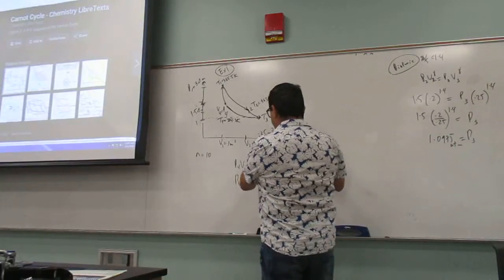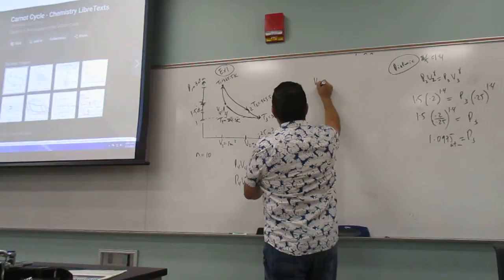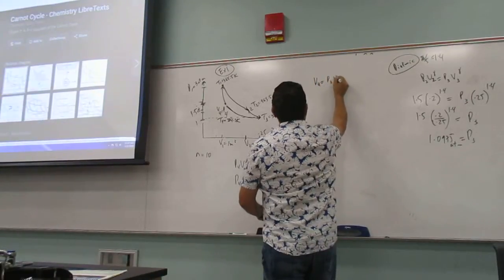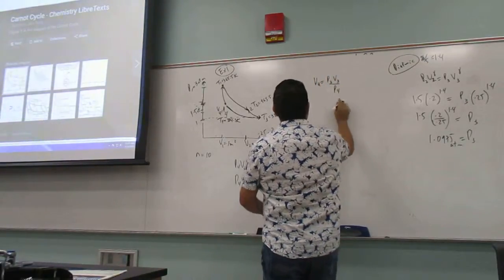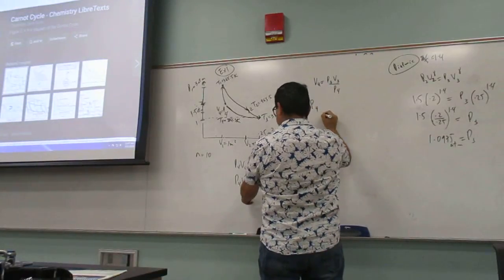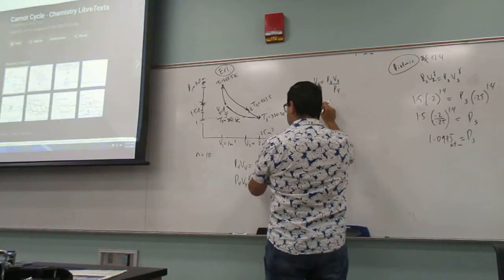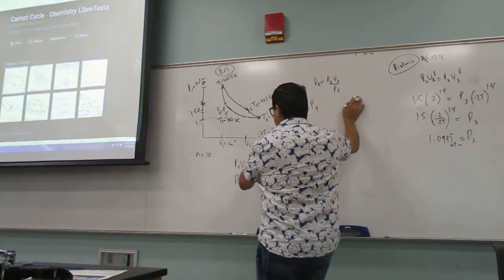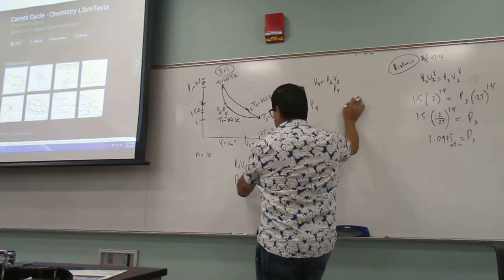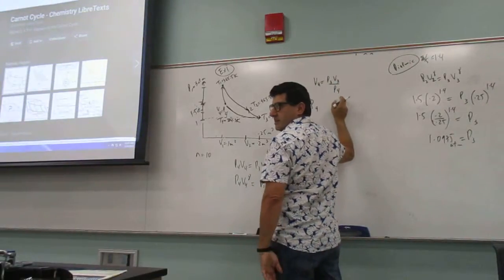Well, I can just solve for one of them, like I can say V4 is P3 V3 over P4. Then substitute that into here. I feel like it's easier to substitute for P, right? Because if I substitute for V, I'm going to have to raise all of that to the power gamma.